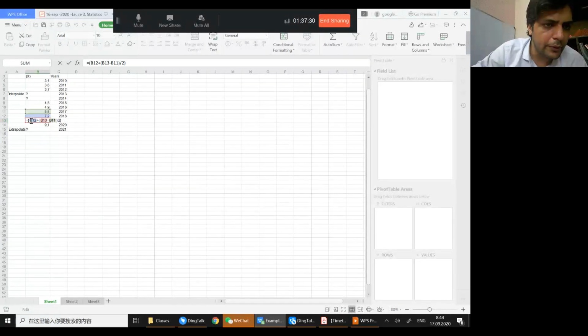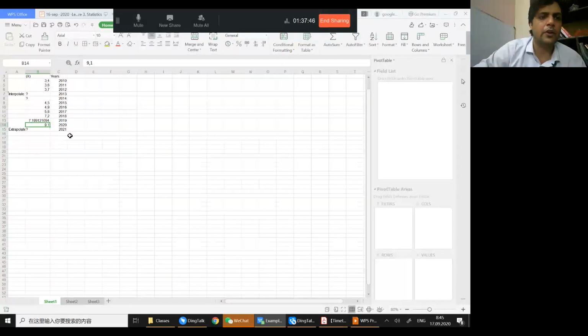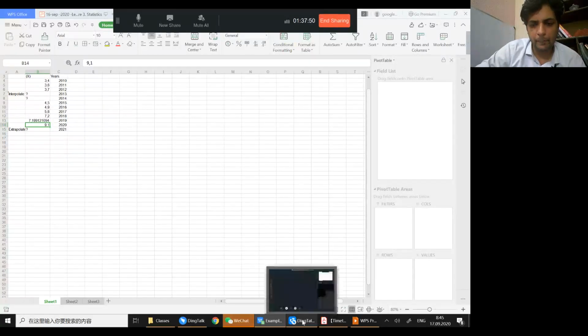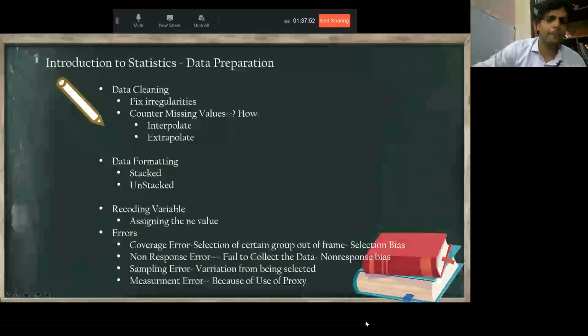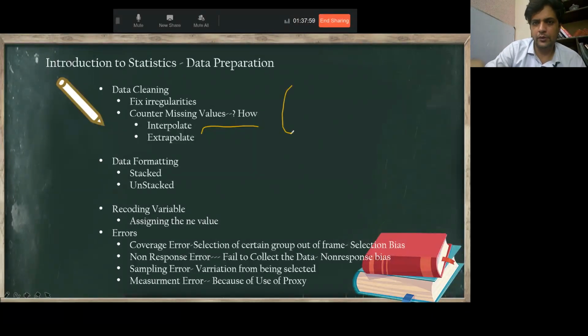So this one is previous. Oh, I need to do this in this way. Yeah, this one is okay. Then I need to do this way. So what's the formula when we need to interpolate? You can note it down.